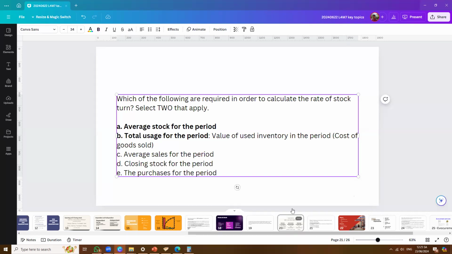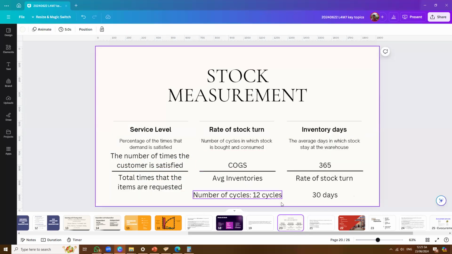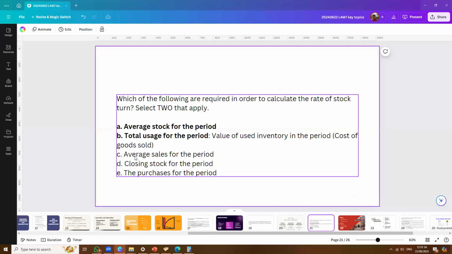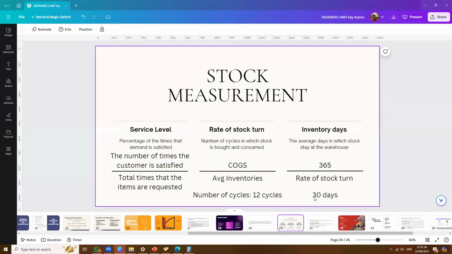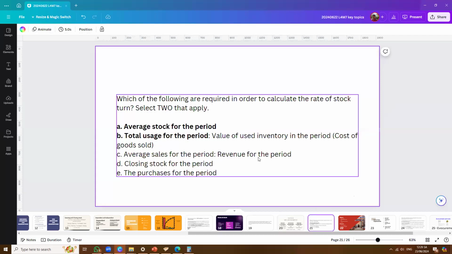Many people see the words like cost of sale or cost of goods sold and mistake it for the sale, but actually for this one, it is the revenue for the period. And the sale here is not correct because that is not how the formula works. The sale here doesn't provide the meaning for this one because with the sale, we also include the profit.